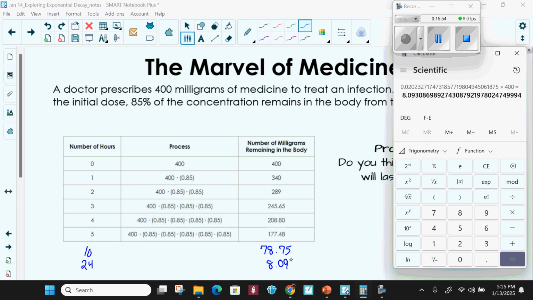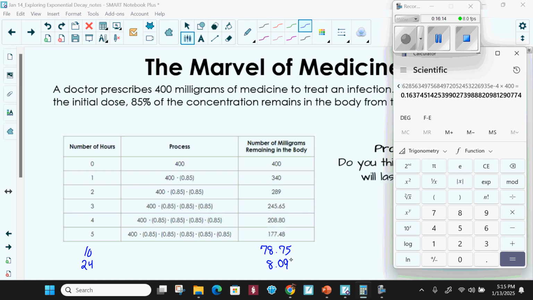What if we went to 48 hours, say 2 days? Okay, we're looking at less than 1 milligram.